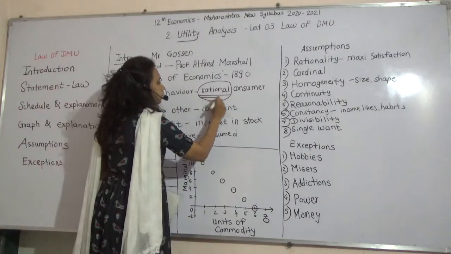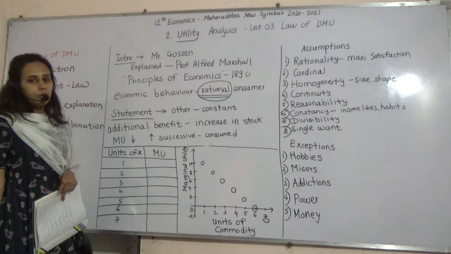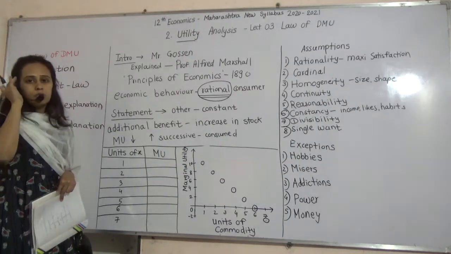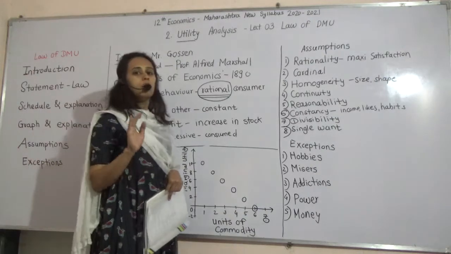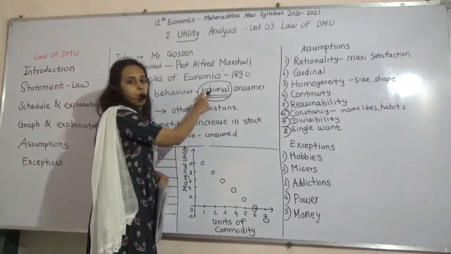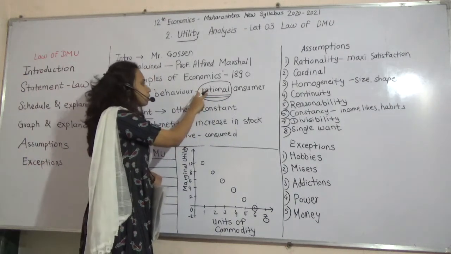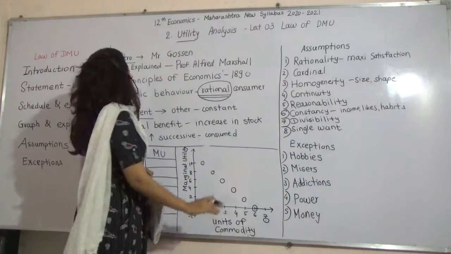So, a drunkard is not a rational person, he is called an irrational person because his state of mind is not in a rational position to take decisions. So, a rational person means one who wants to get maximum satisfaction.